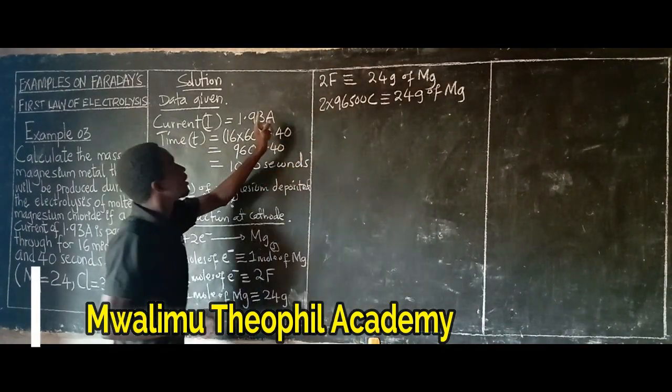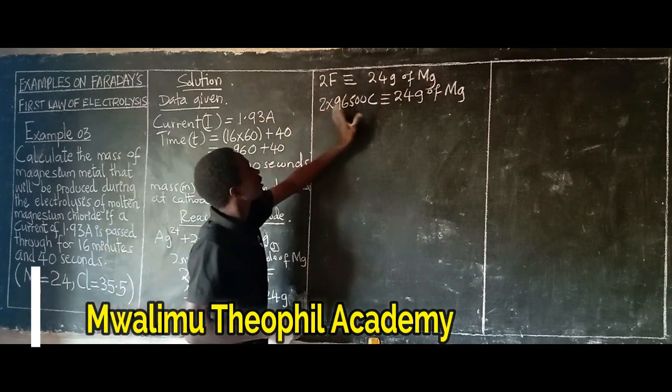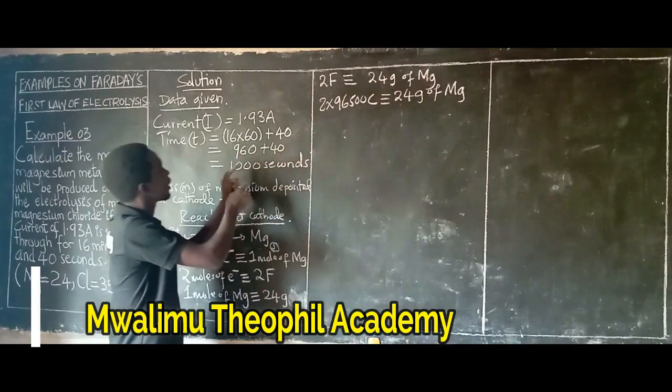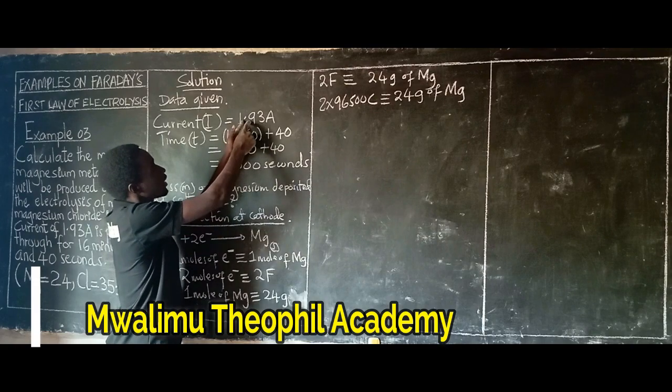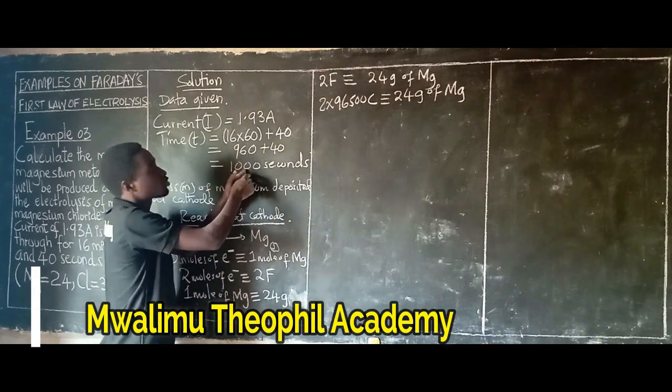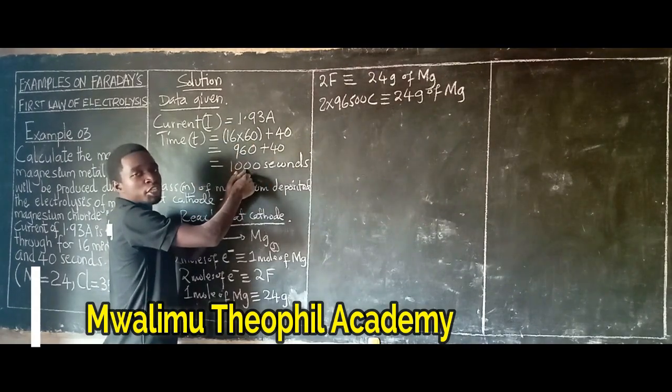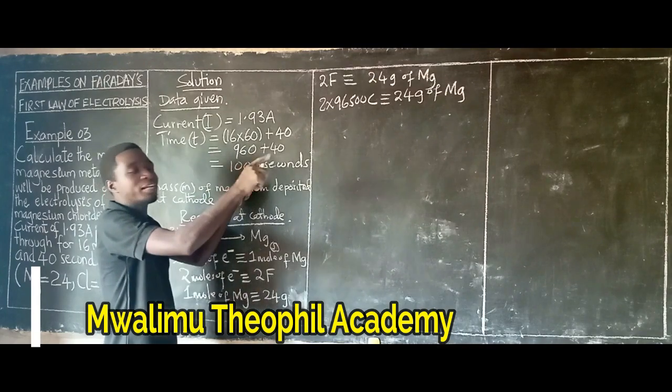Now, on the left-hand side, you have coulombs, and as we are given time and current, we can change this into coulombs, to charge. As you know, charge is equal to current times time.